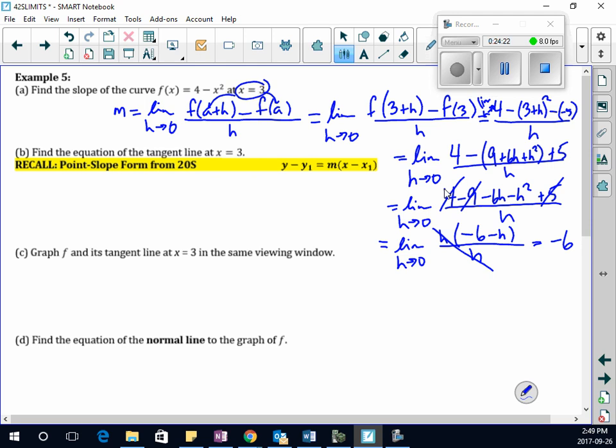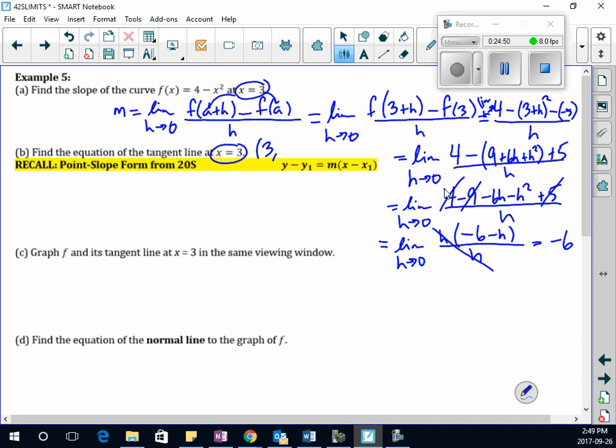Now you have to recall from grade 10, this is your point slope form. We kind of reviewed this when we had that one review worksheet. So what are we going to plug in? We have a point. What is the point when x is 3? 3 comma what? You have to plug it into the function. What would the y value be?